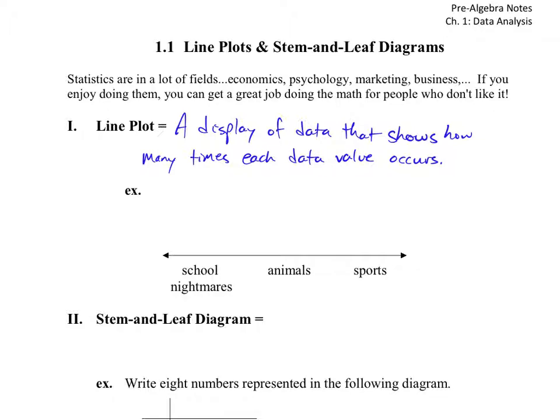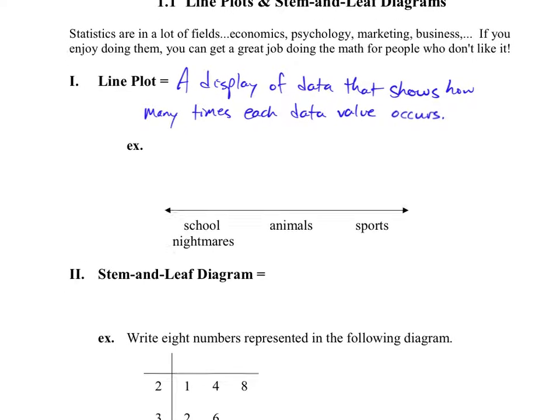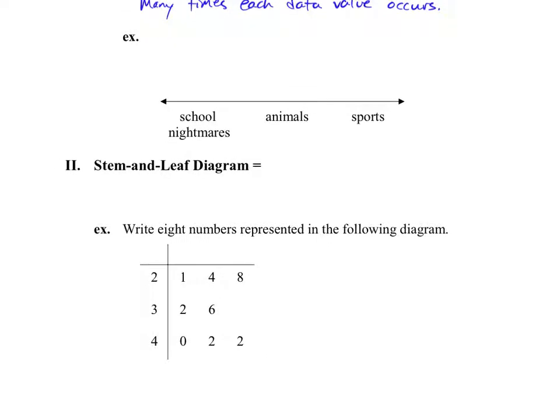For these, what they'll do is above each title, they'll put an X for each time one of those things has happened. So let's say we had 6 school nightmares in the group. You'll put 6 X's, and you're trying to make them same size and evenly spaced, all one right above the other.